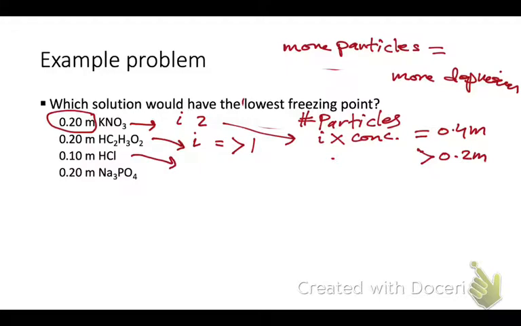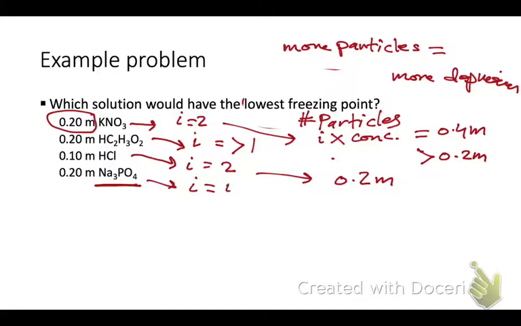HCl has i equals 2. So the particles here is 2 times 0.1. That's going to give me 0.2 molal of particles. And for sodium phosphate, which will dissociate into 4 particles, i equals 4.